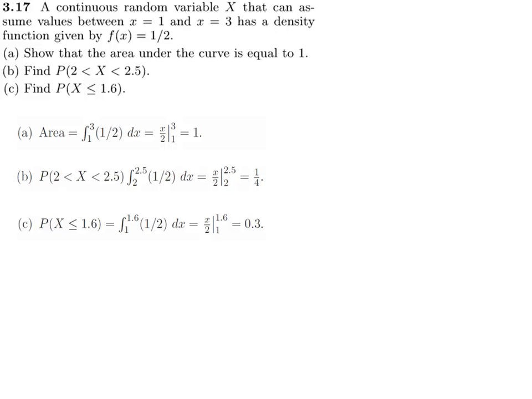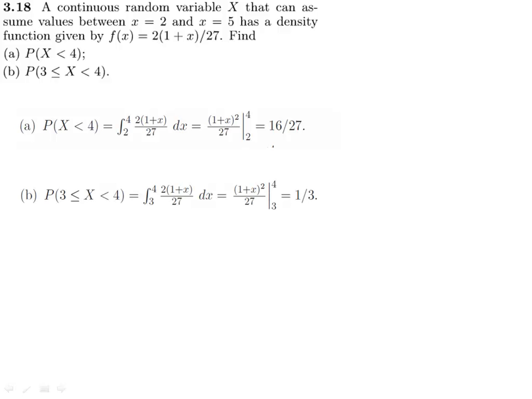Okay, so that probability is basically the area of that rectangle. So you can find that by just finding the area of the rectangle. That's correct. But remember, you'll go from 1 to 1.6. Okay? Any other questions? Okay.